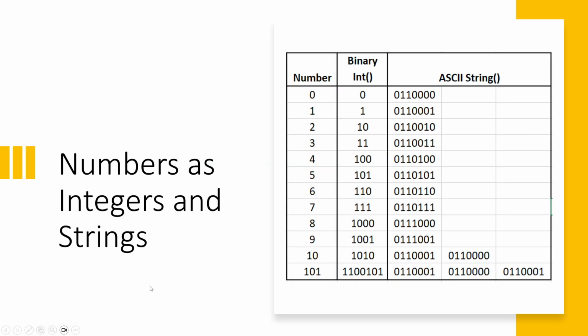So this is one of the problems you can run into with Python, or with any programming language, or even databases. You have to understand whether a value is a number or a string. If I take the value 101, in binary, that can be converted to 1100101.